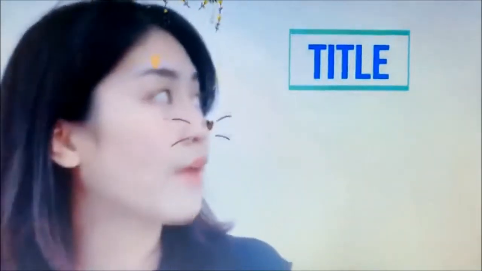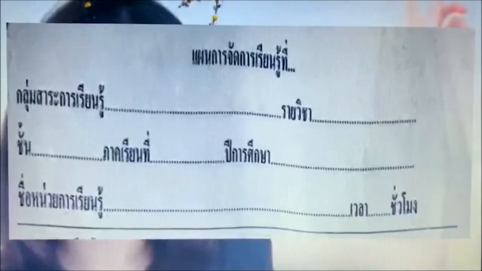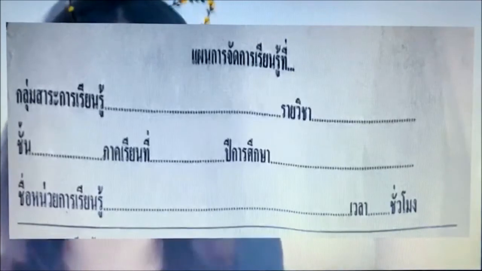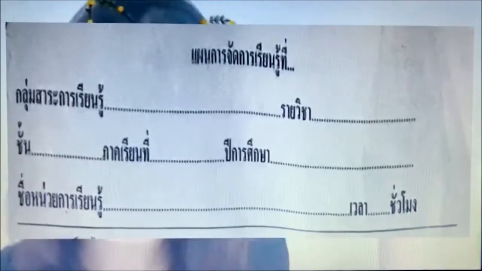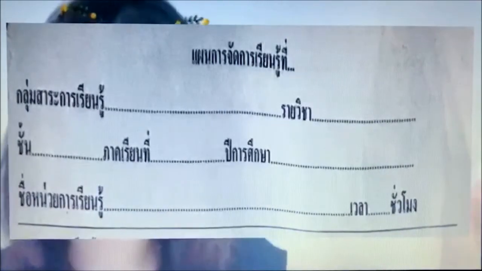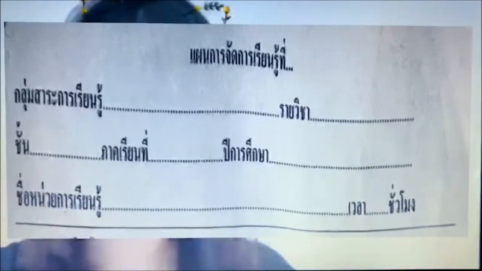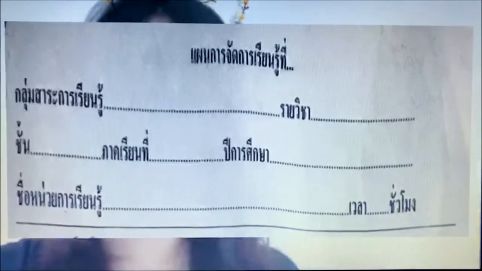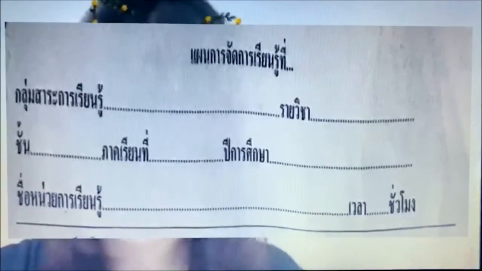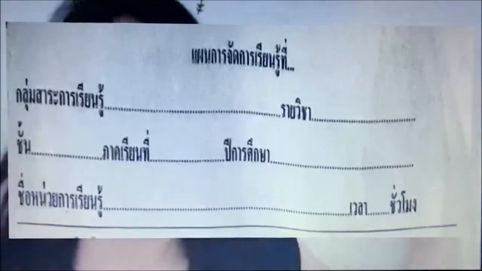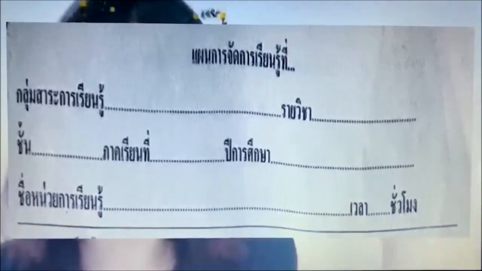First, I'm going to talk about how to write the titles. You have to write down the unit plan. It could be unit plan 1, unit plan 2, it's up to your textbook. Then the learning area of language, subject, grade, semester, year, title, and time. So we end the title part here.